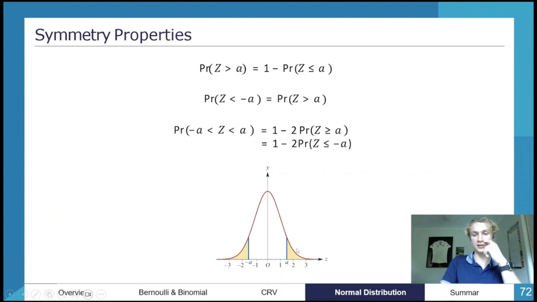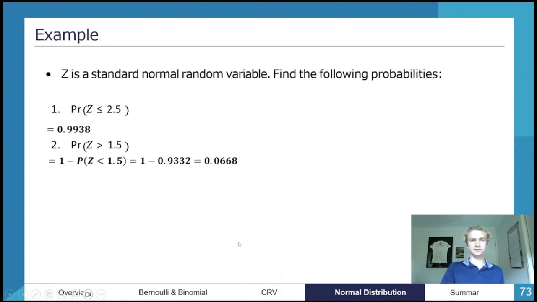We've got these two shaded sections, and these two shaded sections actually have the same probability. And then the probability between -a and +a is 1 minus 2 times the probability of z being greater than a, because there's two of these shaded sections essentially.